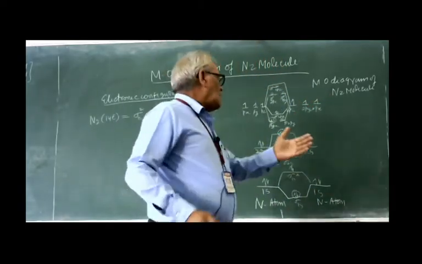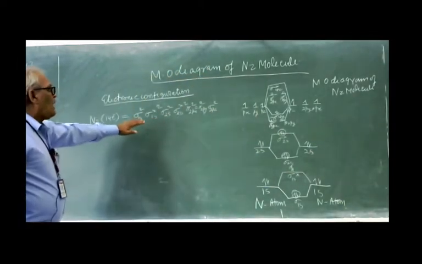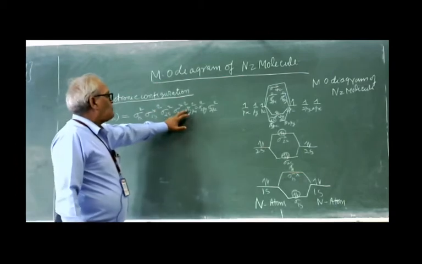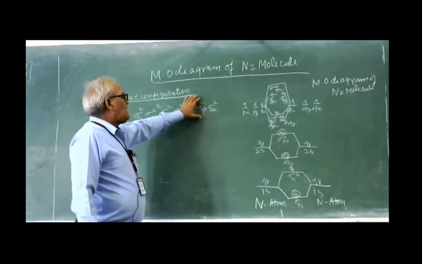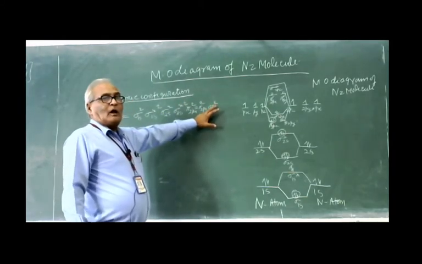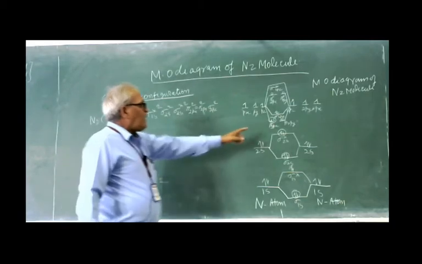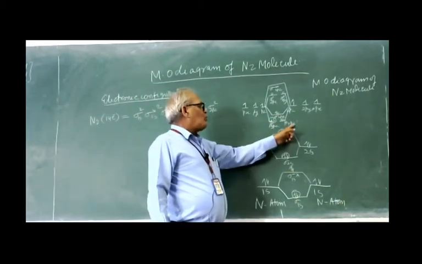According to the above principle, the energy of pi 2px and pi 2py is less than sigma 2pz. So in this way, we have put here pi 2px and pi 2py.